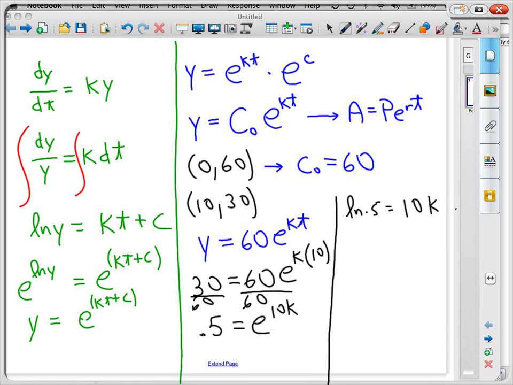And then if I multiply both sides by 1/10, I would get something like 1/10 ln of 1/2 equaling k, and I could use a calculator to determine the approximate decimal value of that and plug that into my original solution, which is circled right here.